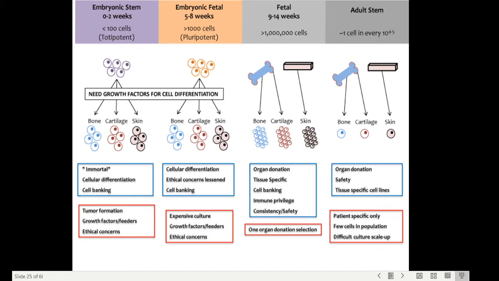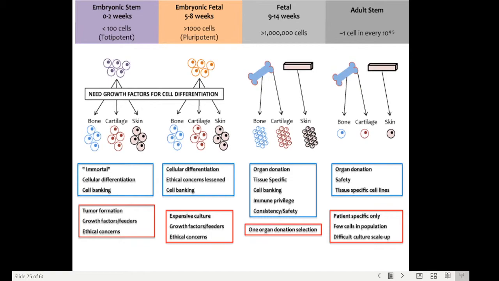Less than 100 cells are there in the human system. In the ovary, 0 to 2 weeks, there are less than 100 cells. After reaching the 5 to 8th week, the embryo has pluripotent cells. Okay, these can grow into various cells. In that stage, more than 1,000 cells are there.